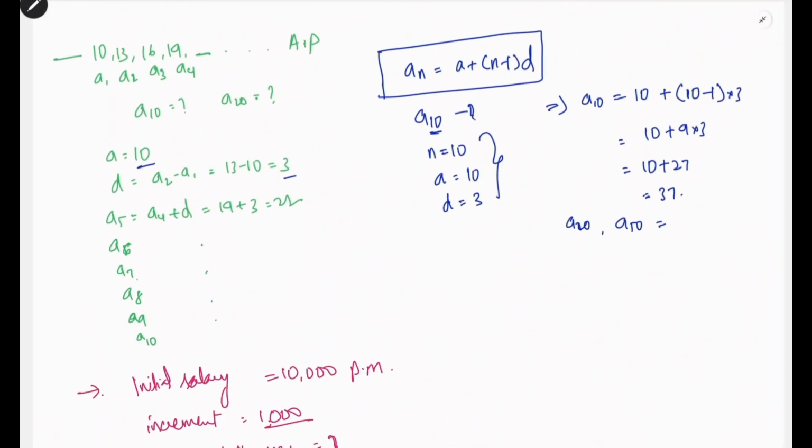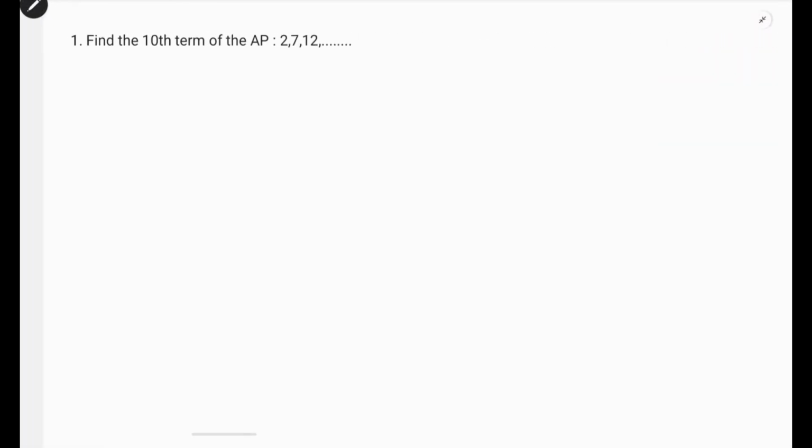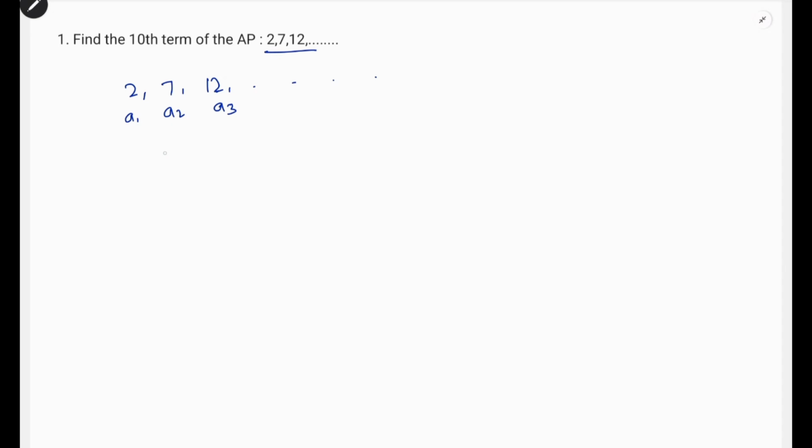In the same way we will do a few problems here. Find the 10th term of the AP 2, 7, 12 and so on. The first term is 2, the second term is 7, the third term is 12. Here we have the formula an equal to a plus n minus 1 into d. We need to find the 10th term, so n is equal to 10 and a is the first term, 2.